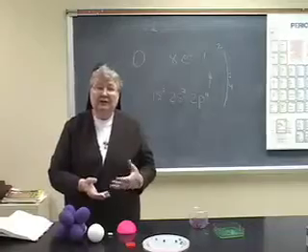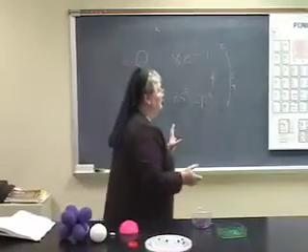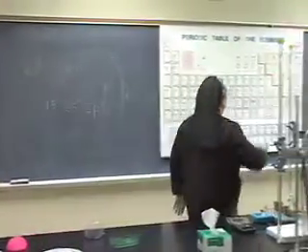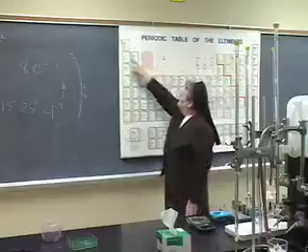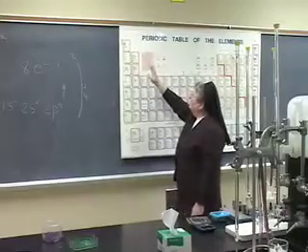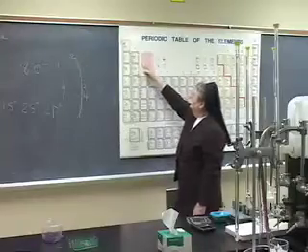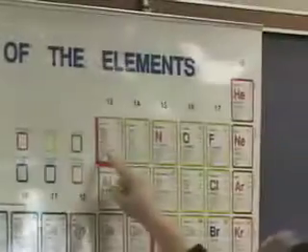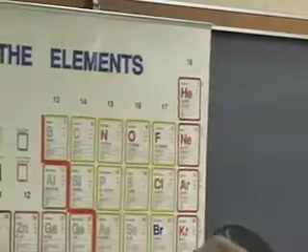Basically, you could also do this by looking at the periodic chart. You can do this by saying, okay, here is oxygen. So let's go ahead and fill this. 1s2, 2s2. And after I get done with that, I come over here to p, 1, 2, 3, 4. I've arrived at oxygen.